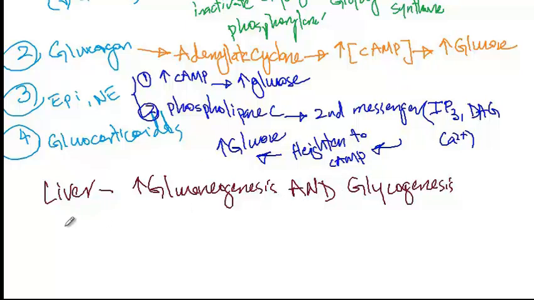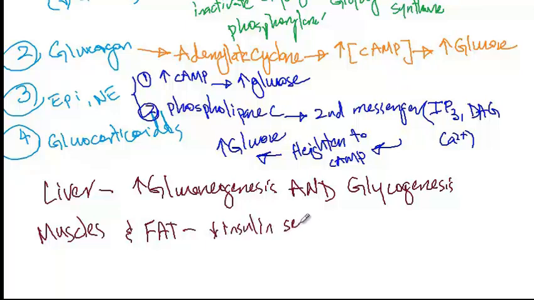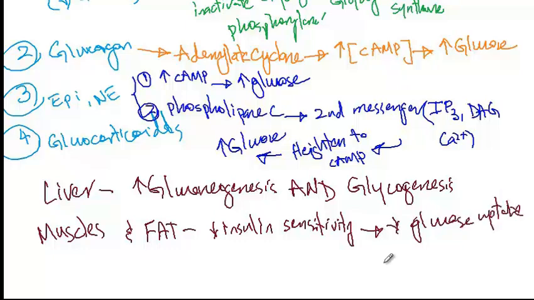But then if you're talking about skeletal muscles and adipose tissues, so muscles and fat, the glucocorticoids decrease insulin sensitivity, and so therefore they decrease glucose uptake and glycogenesis is also reduced.